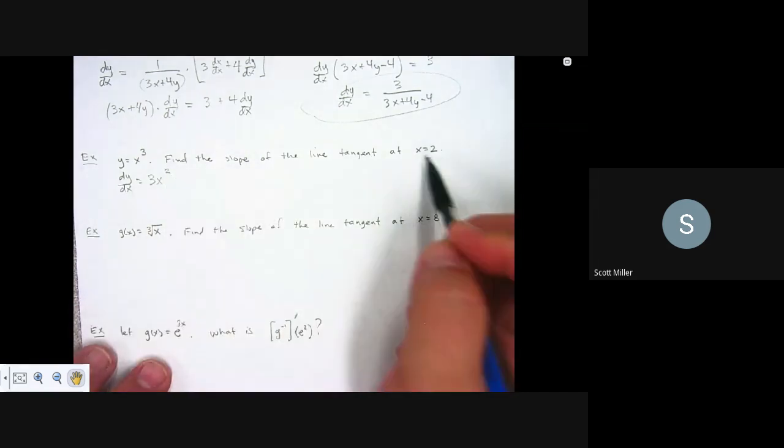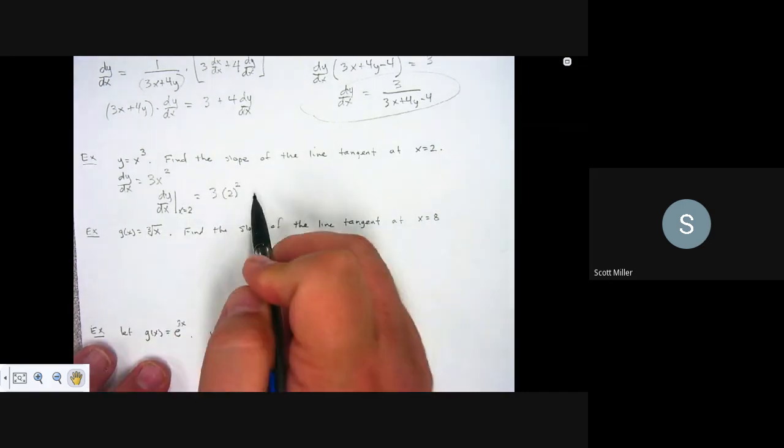So dy dx is 3x squared times dx dx, which is just 1. The slope of the tangent is the derivative evaluated when x equals 2, which means simply to plug in 2. This is how you should write it, and then you get the answer 12.